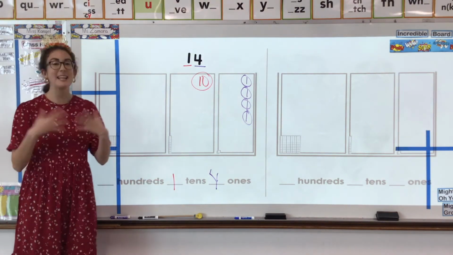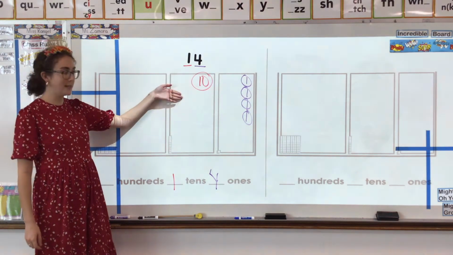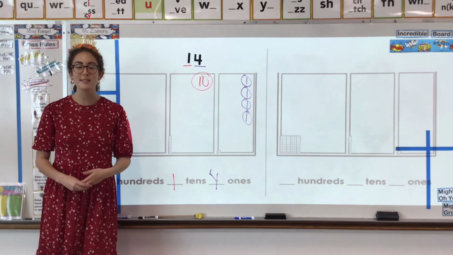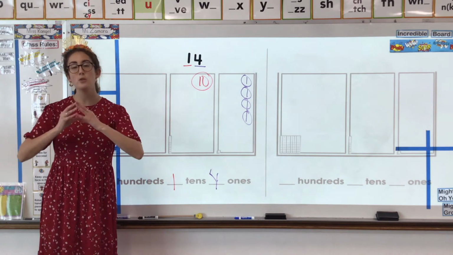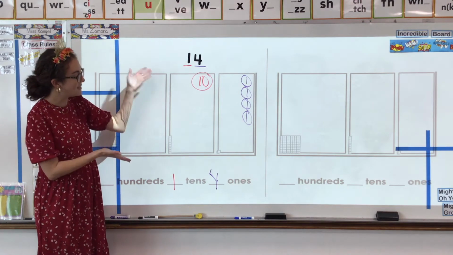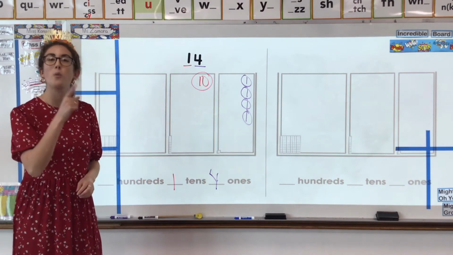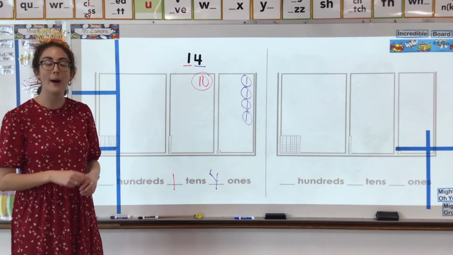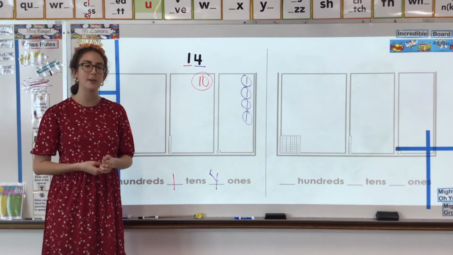So in 14, we could show this number as 1 ten and 4 ones. That's just one way that all this value could come together and equal 14. This is the simplest way, the one we've been working with, but we're going to switch it up and show how changing these units still gets us the same value.